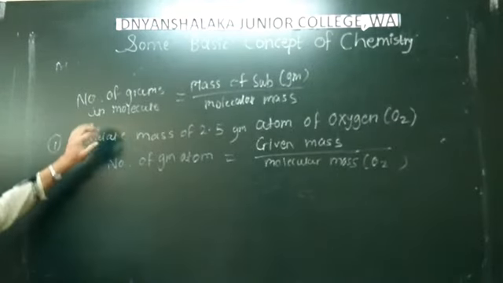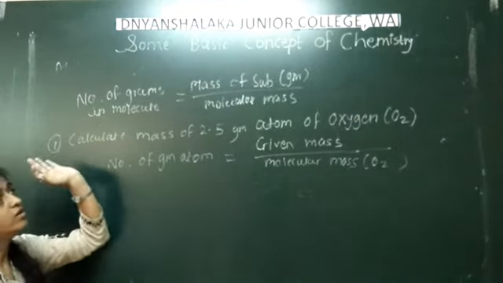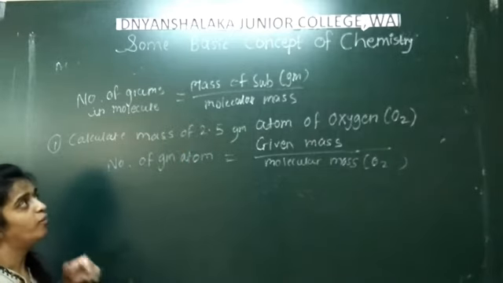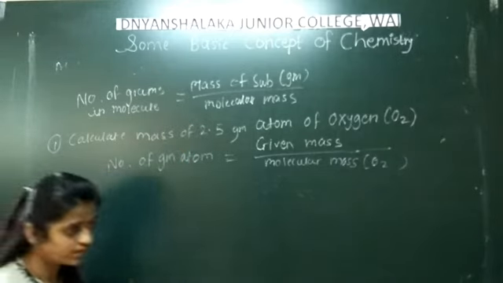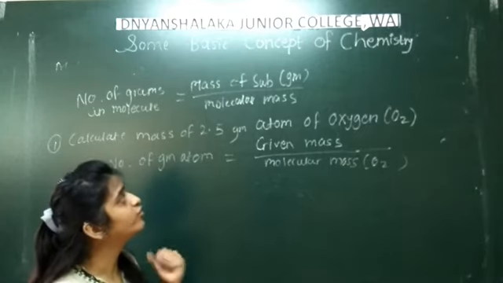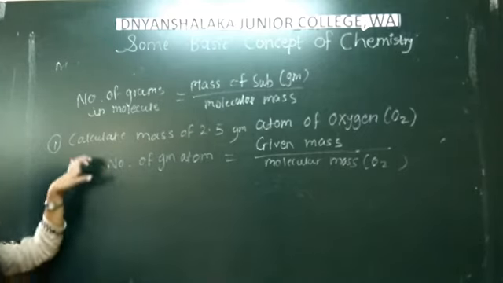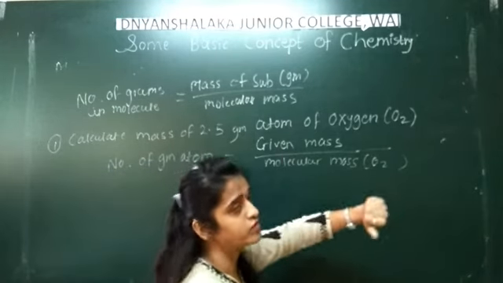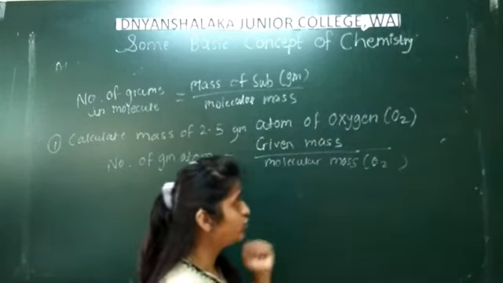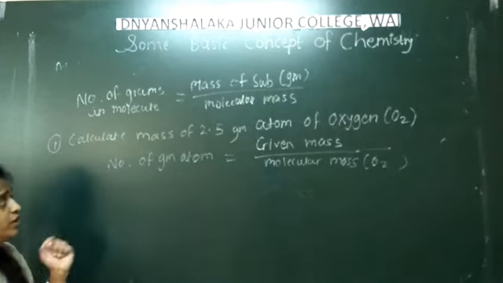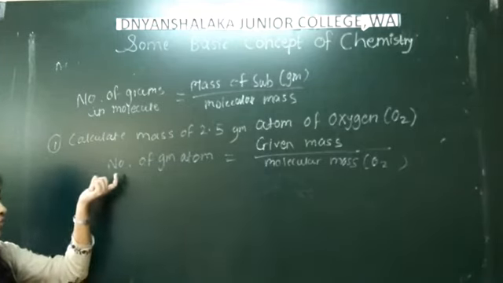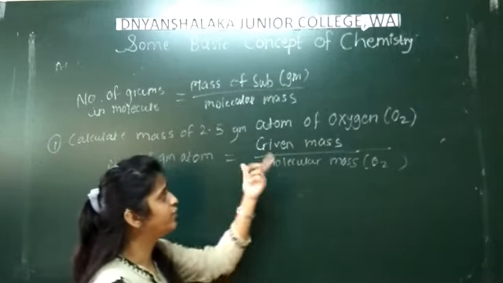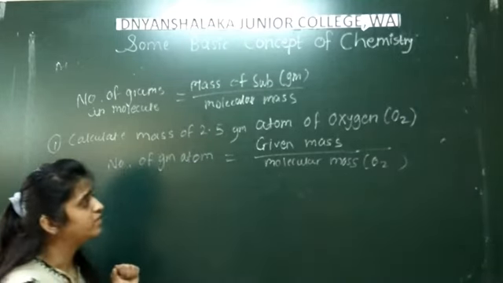So next point, number of gram atoms in a molecule. The formula is: mass of substance in gram upon molecular mass. We studied how to calculate the molecular mass of a substance. So first example, calculate the mass of 2.5 gram atoms of oxygen O2. So O2 is a molecule. Using this formula, number of gram atoms is equal to given mass upon molecular mass of O2.